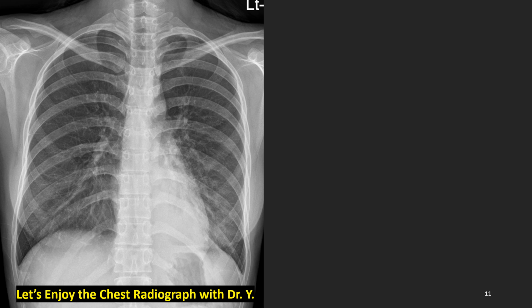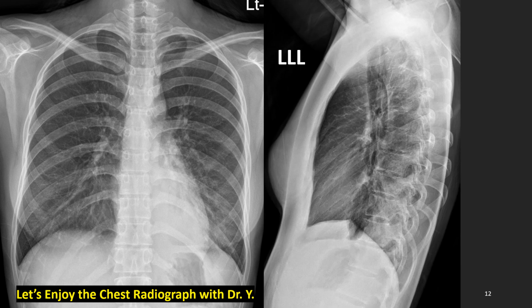It looks okay. The heart is in an anterior location. Aorta and paraspinal line are in a posterior location. So we can imagine where this consolidation is involved. That's right, left lower lobar pneumonia. We can confirm that this is a left lower lobar pneumonia with this lateral film.